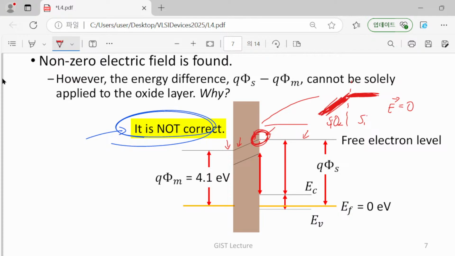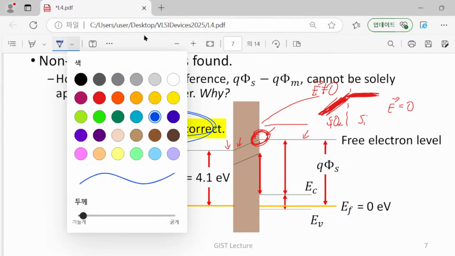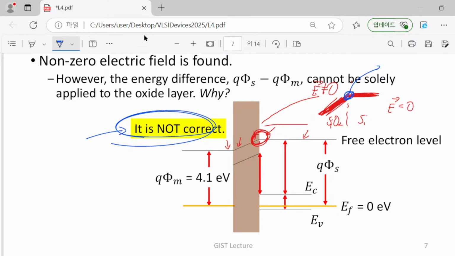In this case, the electric field is not 0 at all because it is related to the gradient of your potential energy. So simply speaking, if we just believe this one, then here we have a discontinuity of our electric field at the interface. Can you allow a discontinuity of electric field?